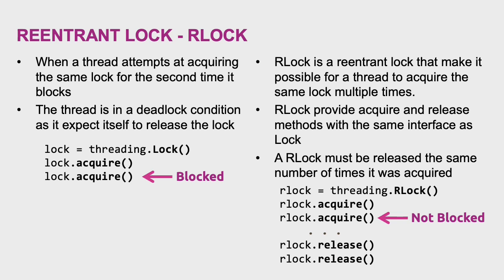If you acquire the rlock 3 times, you need to release it 3 times. If you acquire the rlock 10 times, you have to release it 10 times. Otherwise, nobody else is able to enter into the critical section. So this mechanism helps a lot in the development of multi-threading applications, but still requires some care in its use.